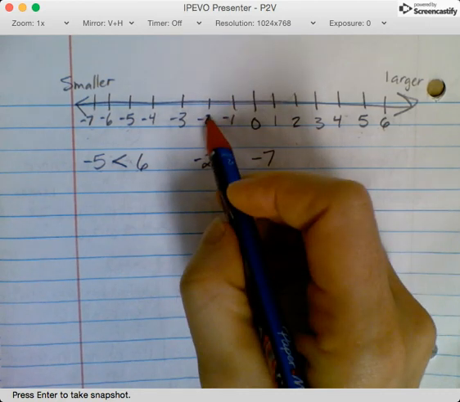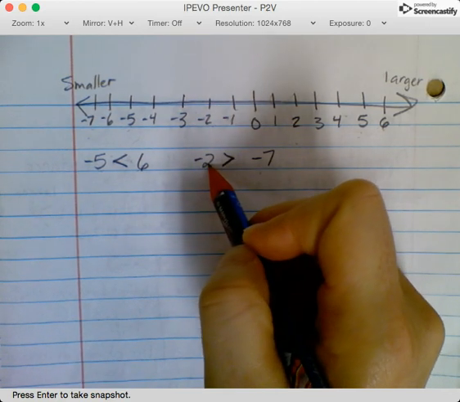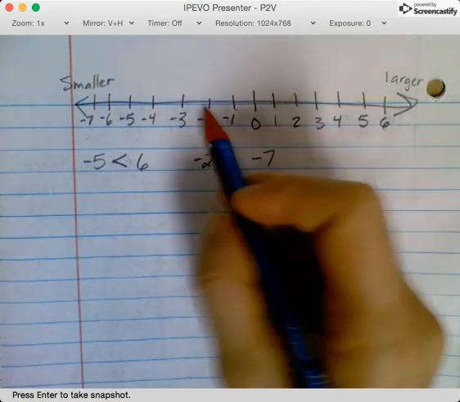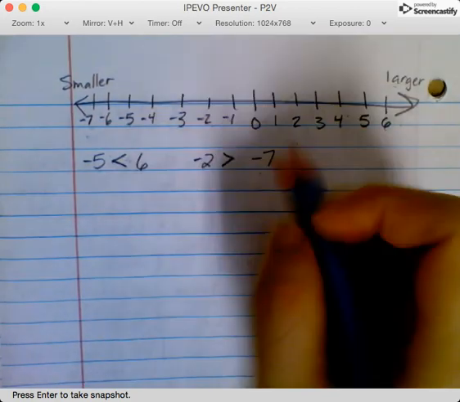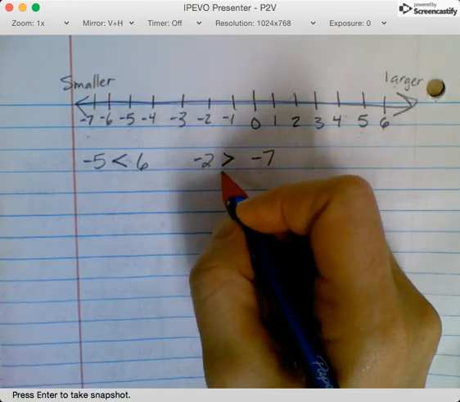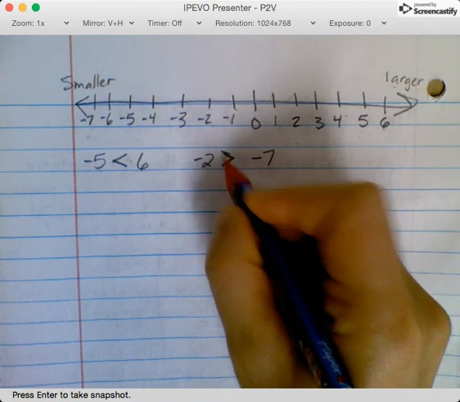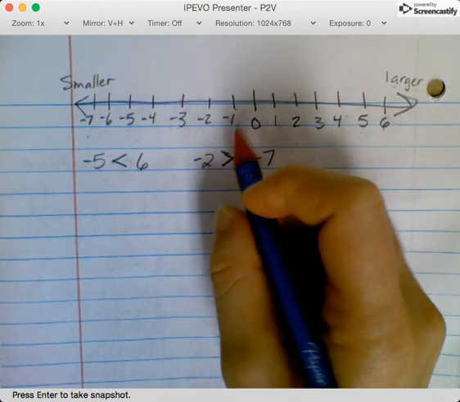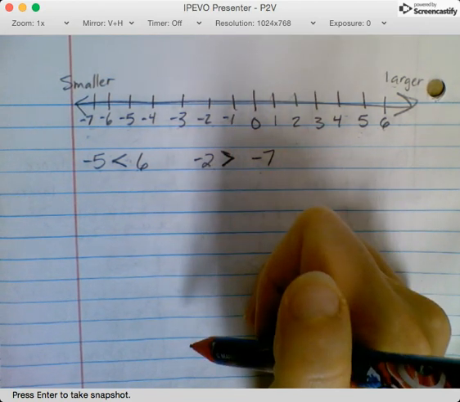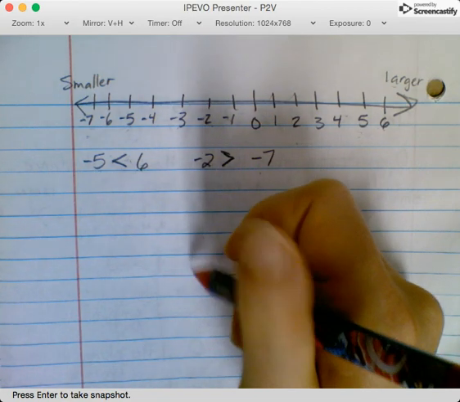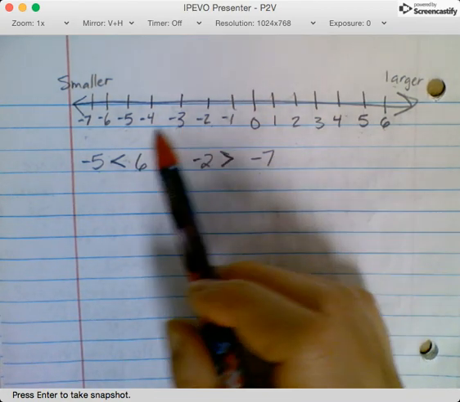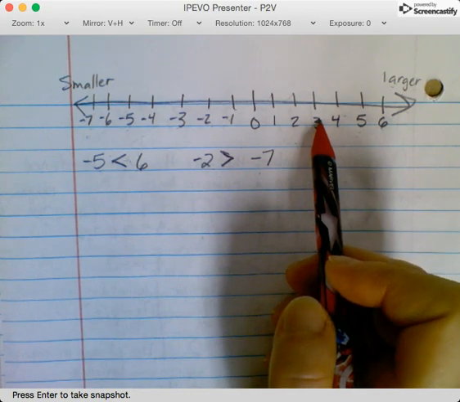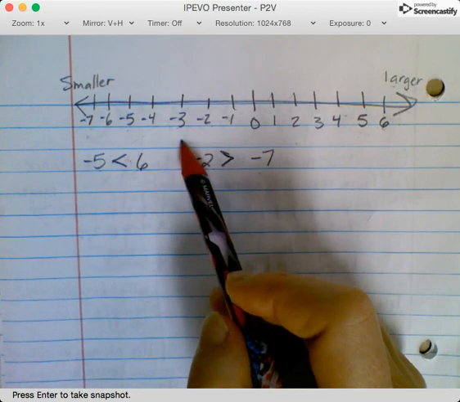Or if I want to name my -2 first, my -2 is larger than -7. So -2 is greater than -7. My mouth is open to the bigger number if I think of it that way. Okay, so with whole numbers, generally you just think about it going the other way on the negative side.